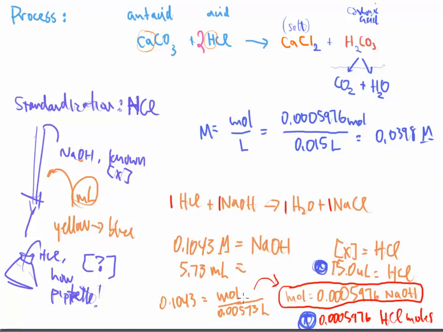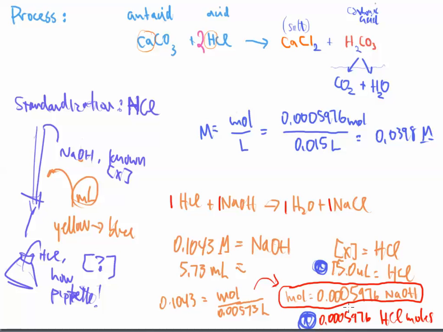I solve for mole. This tells me amount. This is how much NaOH, molecule-wise, it took to neutralize out the acid. Well, it's a 1 to 1 to 1 to 1. So if that's how many moles of NaOH it took, that's how many moles of HCl that was in that flask. They're equal.